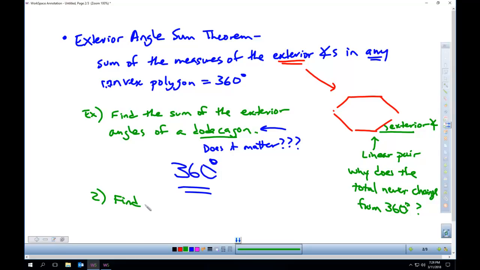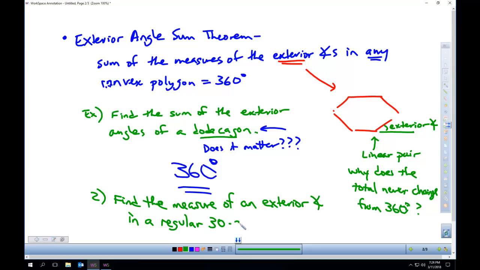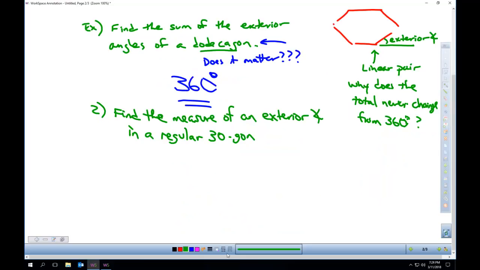Here's the question that you're more likely to see. Find the measure of one exterior angle in a regular 30-gon. We're just looking for one right now, not all of them. So again, what's the sum of all those exterior angles?